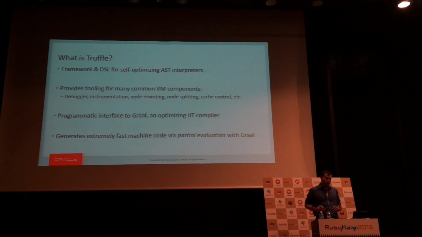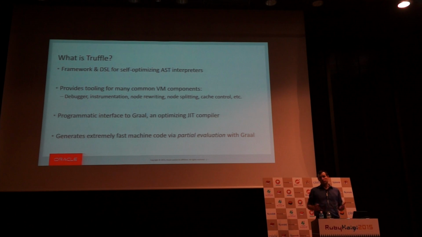And it provides some facilities for writing and optimizing AST interpreters, such as cache control, node splitting, and type specialization. Truffle can interface with Graal, which is an optimizing JIT compiler, and the combination of the two will perform partial evaluation across the AST interpreter to generate highly efficient machine code for your program.